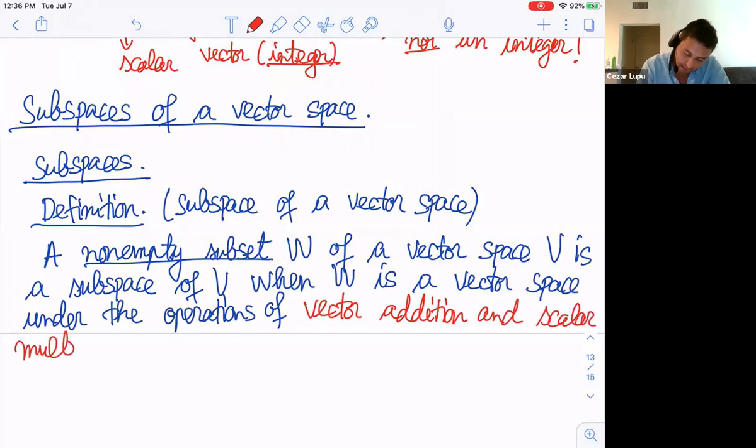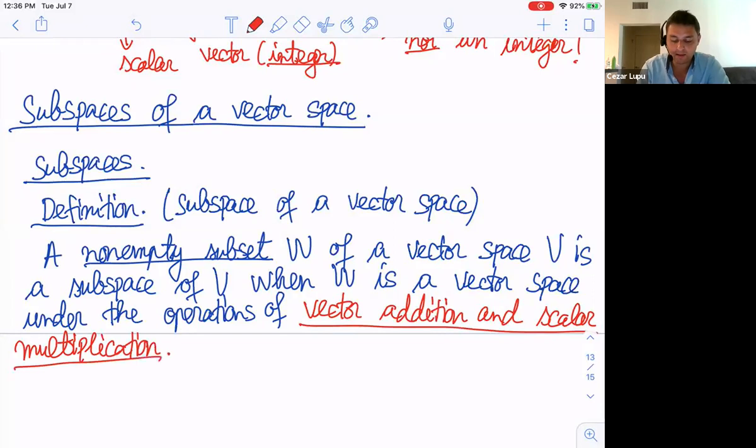Just like we said previously, I need to pick a subset of a vector space, and that subset needs to satisfy the same properties as the vector space.